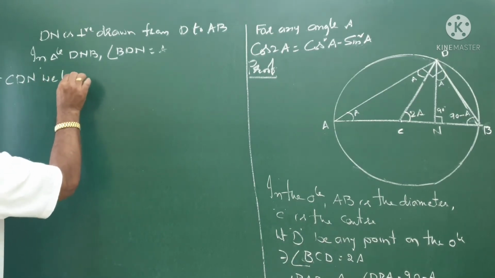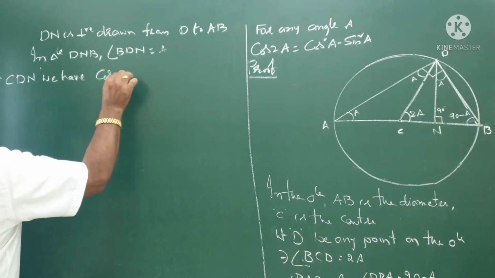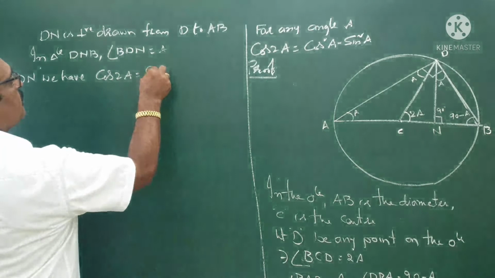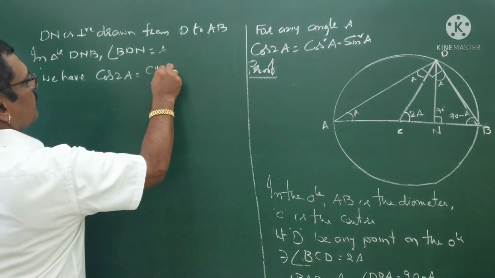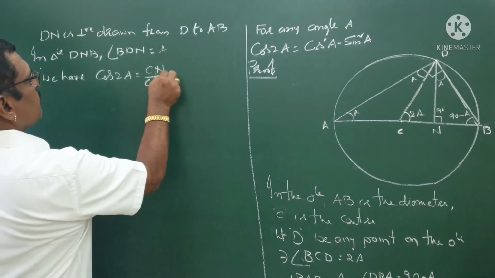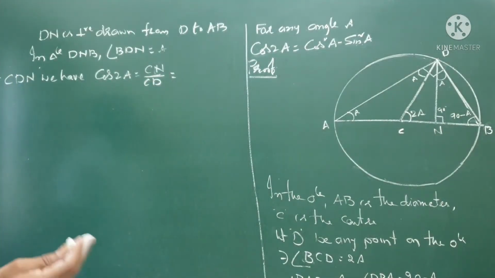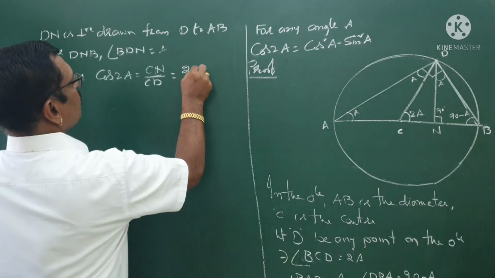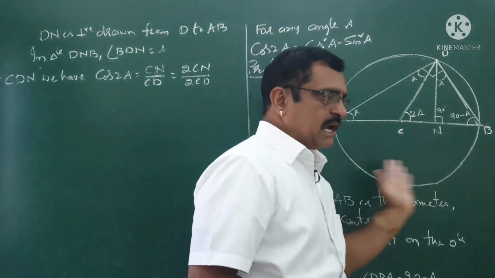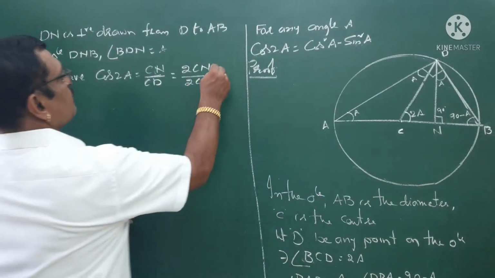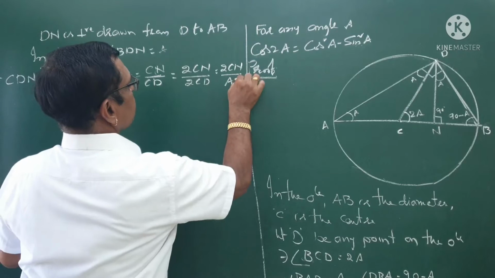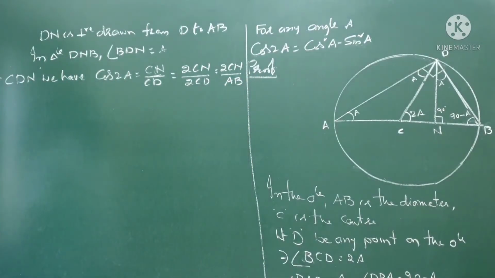We have cos 2A is equal to CN by CD. Here also I multiply both by 2, and 2CB is equal to AB, so this is equal to 2CN by AB, just like the previous one.